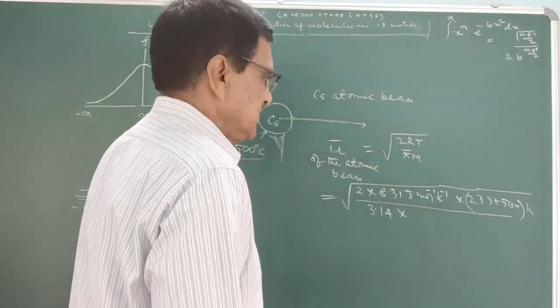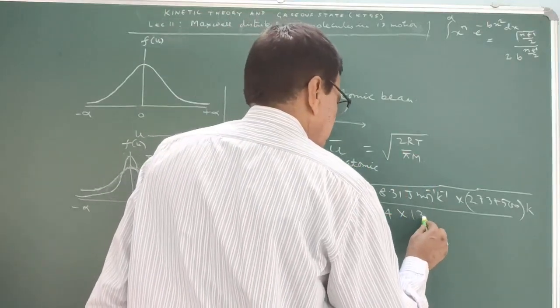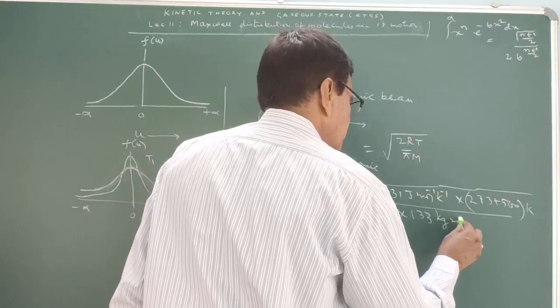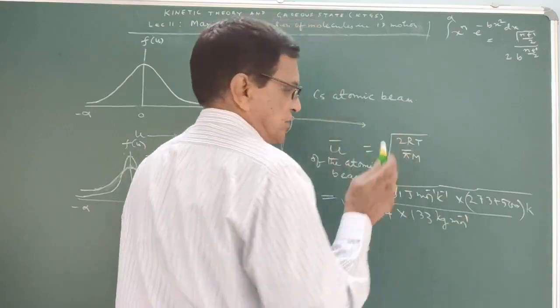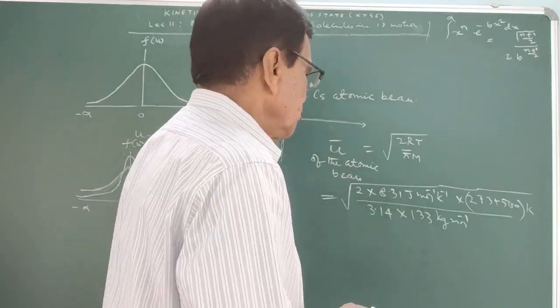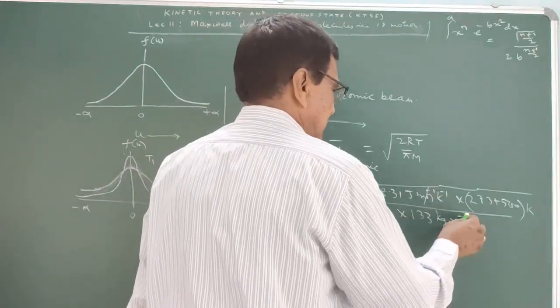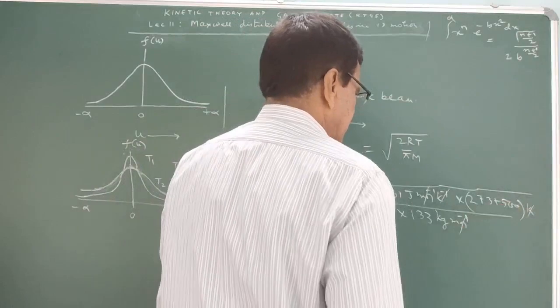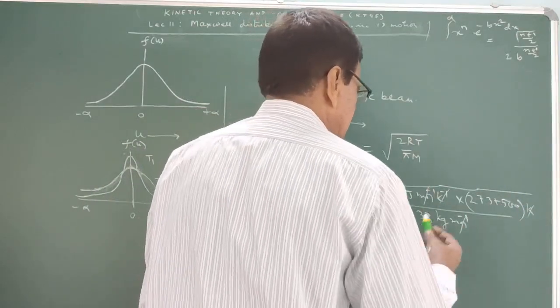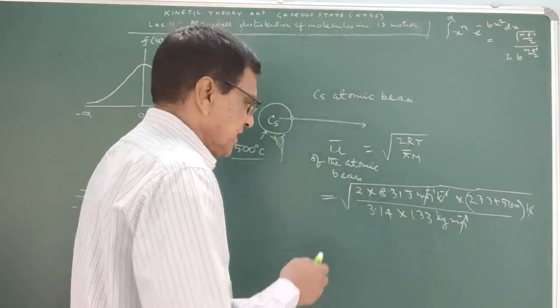Atomic mass of this cesium is 133 kg mole inverse. So mole inverse cancels, Kelvin cancels, and root over joule by kg will give you meter per second.